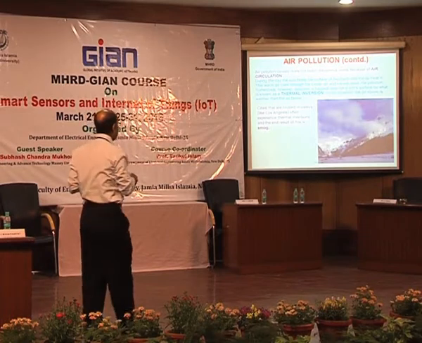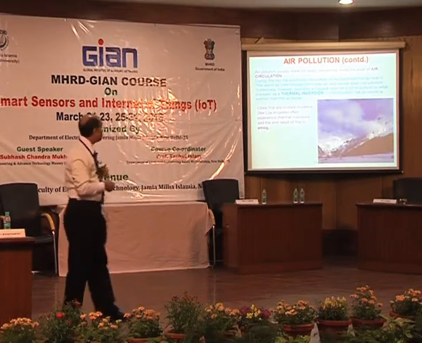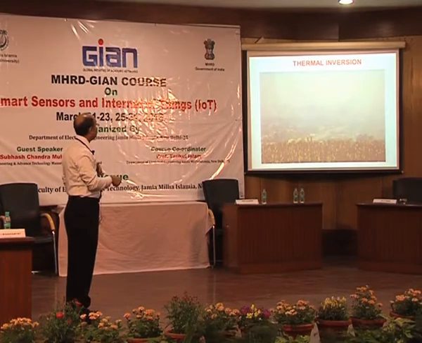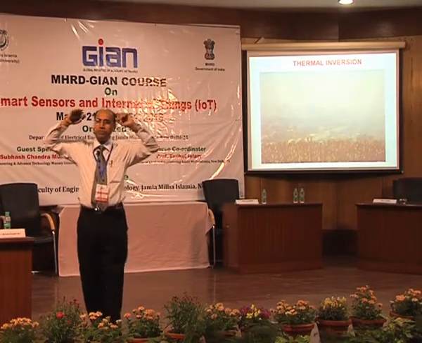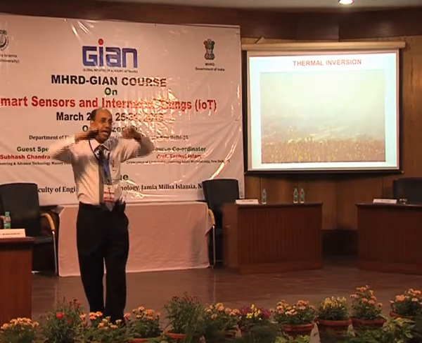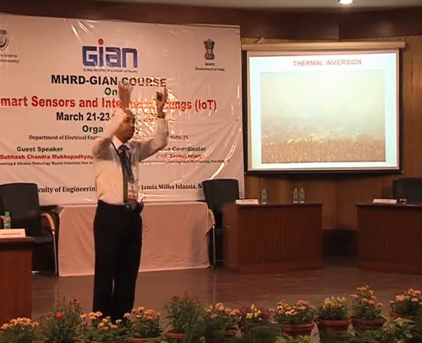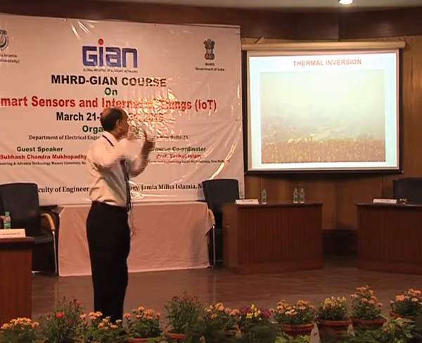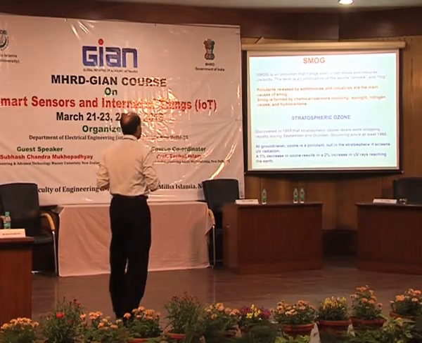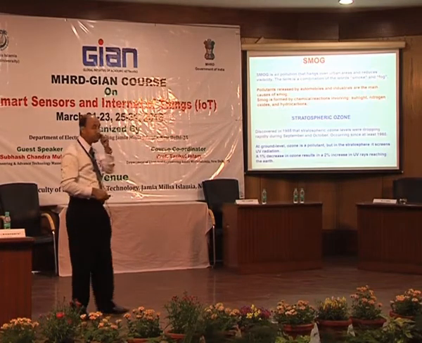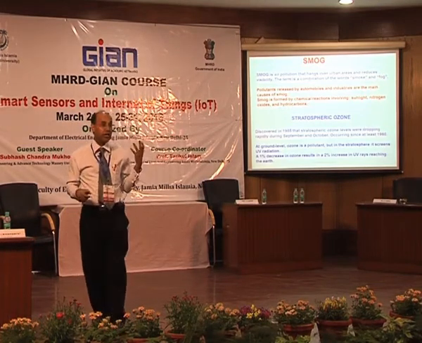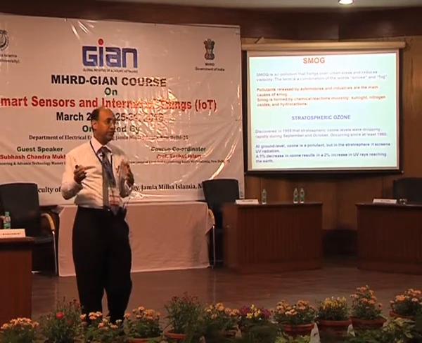That type of problem is called thermal inversion. You will find it's smoggy because that layer does not allow the hot air to carry the dust particles, so it's sandwiched. Smog is basically smoke along with fog.